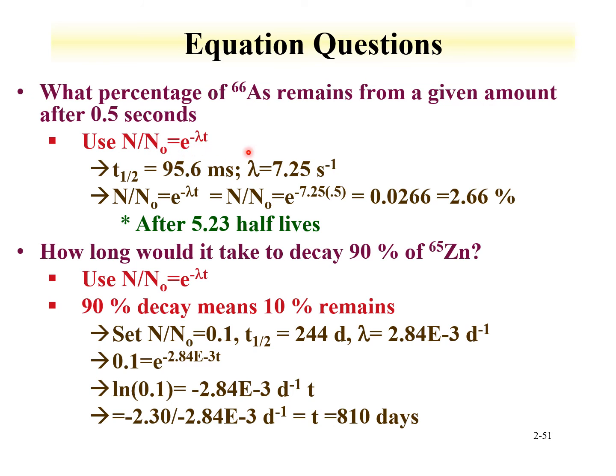Get my decay constant: the half-life of this isotope is 95.6 milliseconds. Convert that to seconds, and my decay constant is 7.25 inverse seconds. e to the minus 7.25 times half a second is equal to 0.0226. As a percentage, that is 2.26, equal to that ratio.